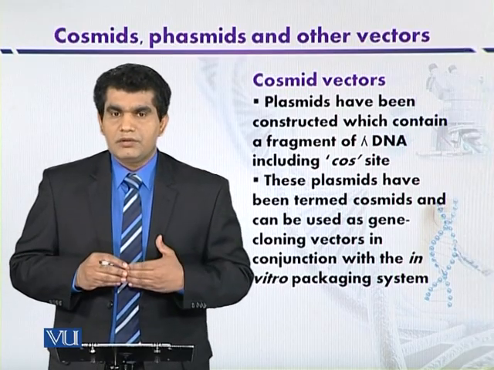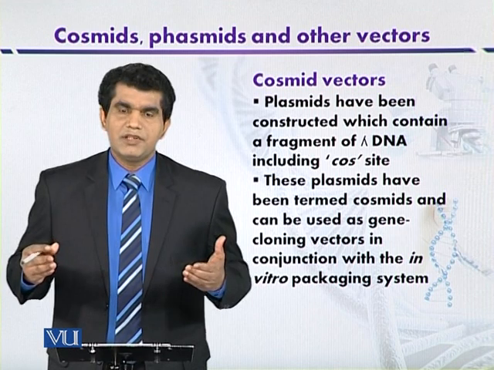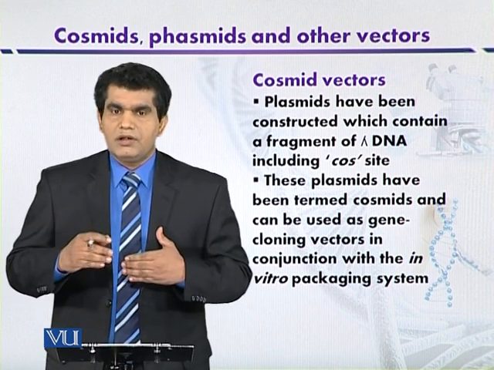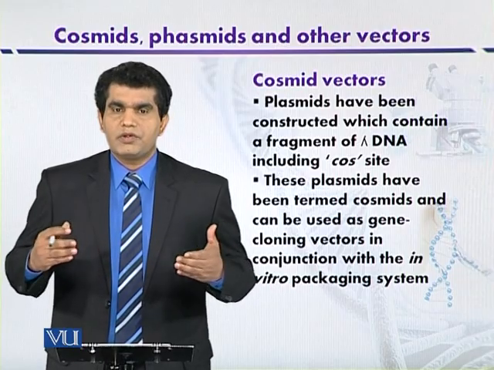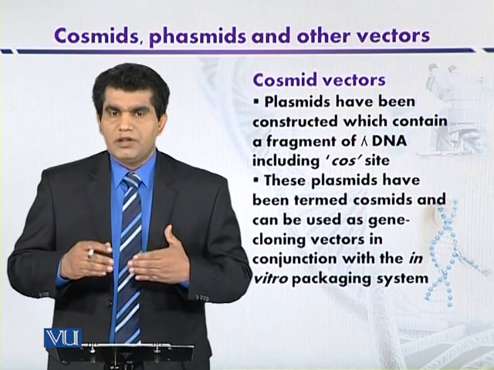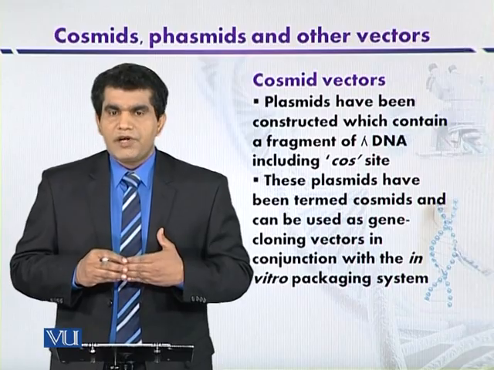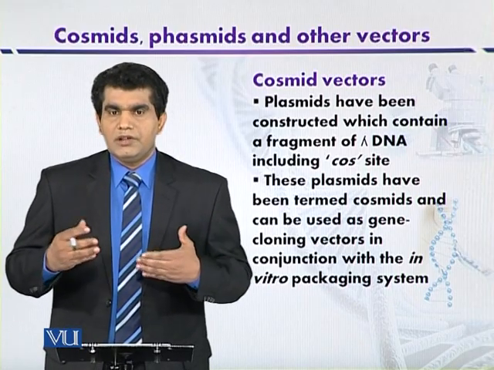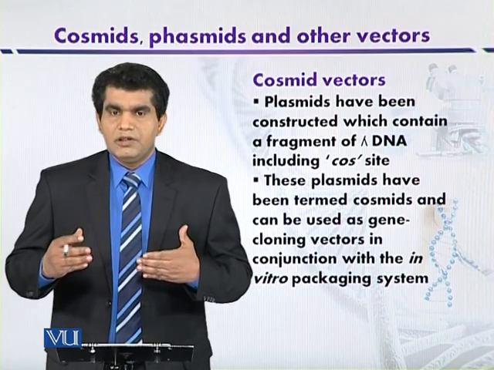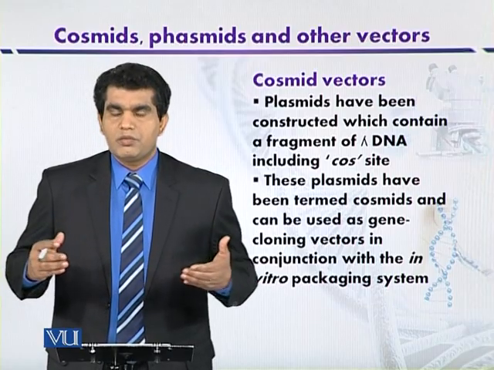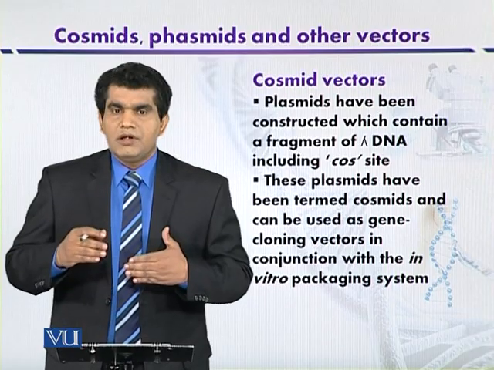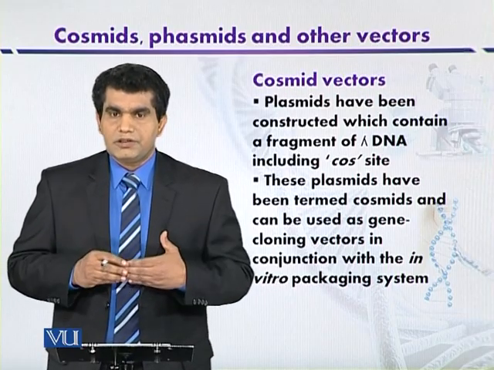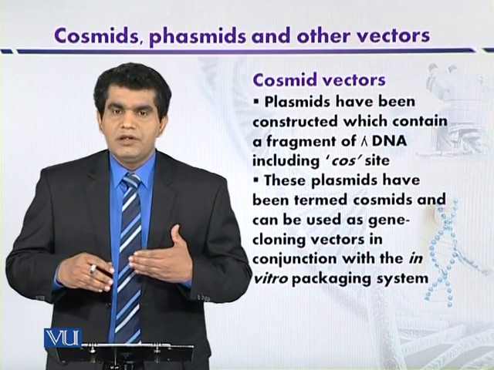For example, if a Cosmid has a size of around 5 kilobase pairs, it can clone around 45 kilobases of foreign DNA. Whereas plasmids, or especially the lambda phages, can clone 23 kilobases of DNA fragment. The fragment size that can be cloned in the case of a Cosmid vector is comparatively larger.